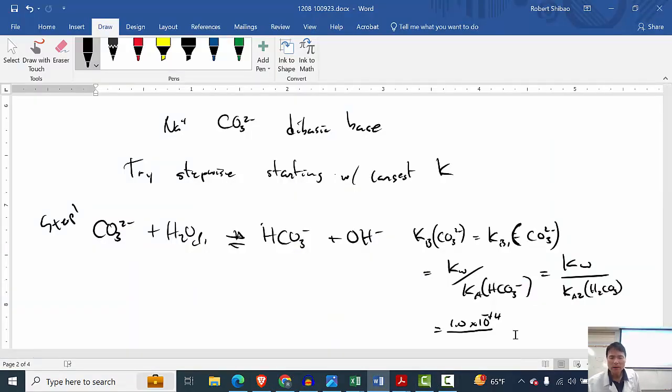Okay. Yeah. 4.7 times 10 to the minus 11. And this gives us what? One times 10 to the negative 14 divided by 4.7 times 10 to the negative 11.